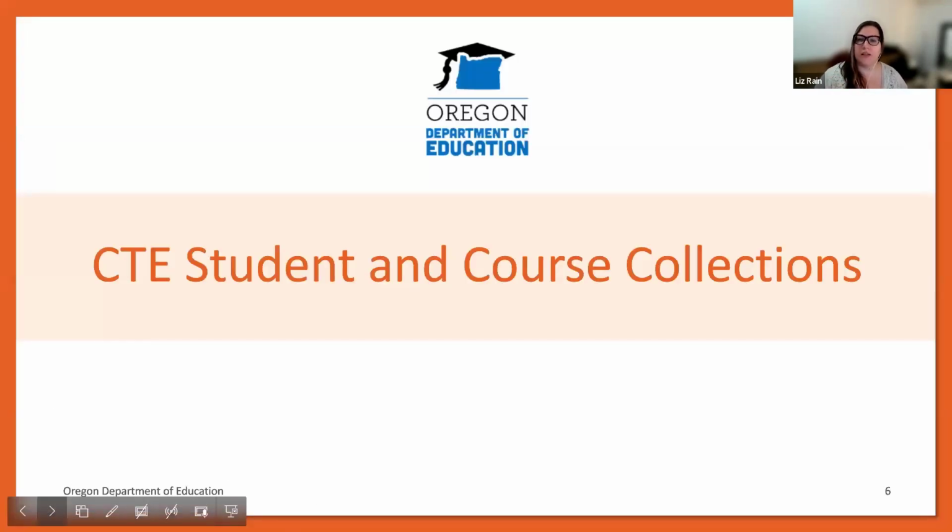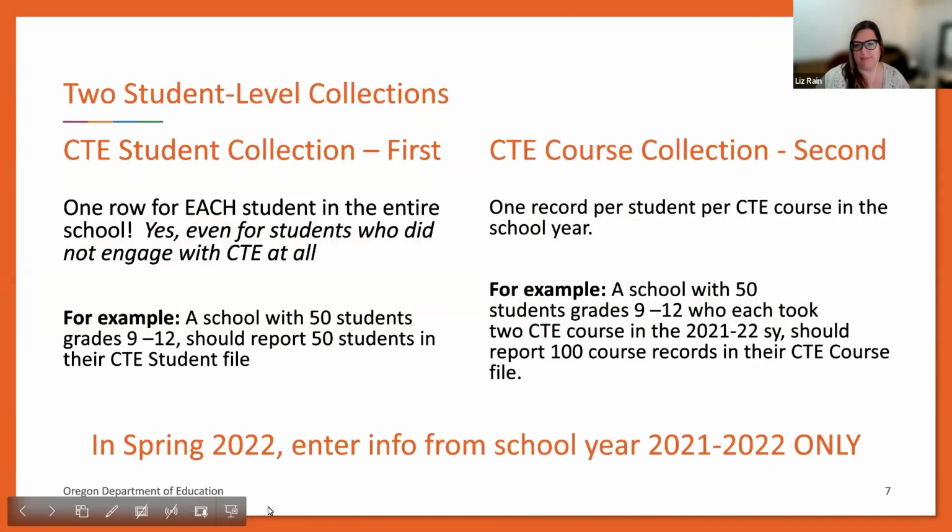So now we're going to go a little bit deeper into the collections, both student and course. So there's 2 different collections that happen simultaneously, but first we have to do the student collection. So for the student collection, there's one row for each student for the entire school.